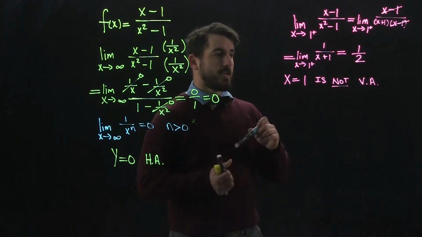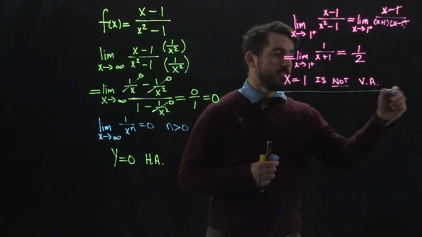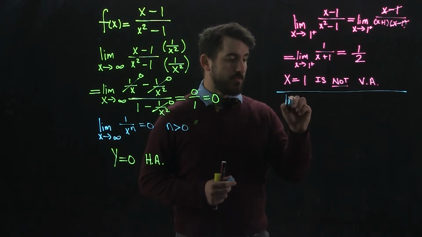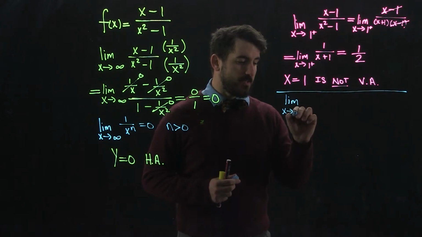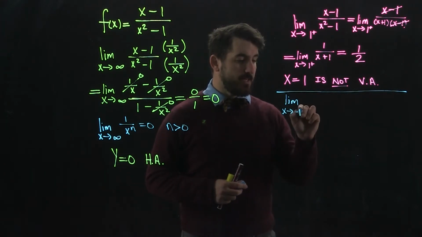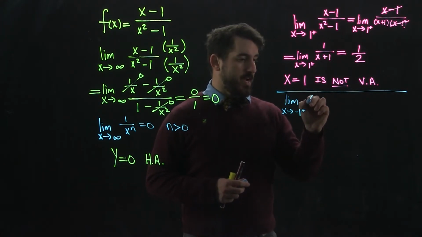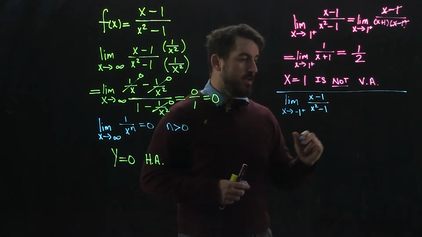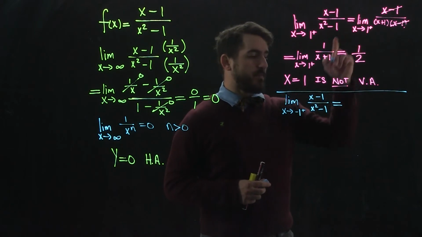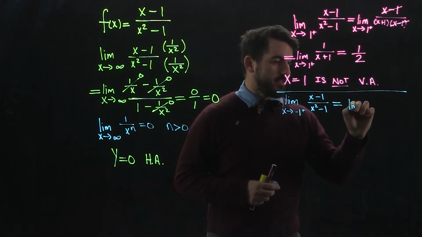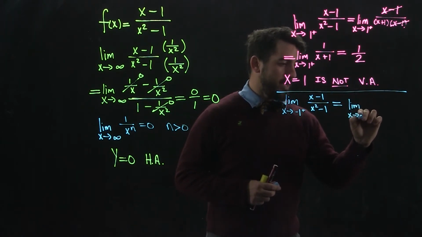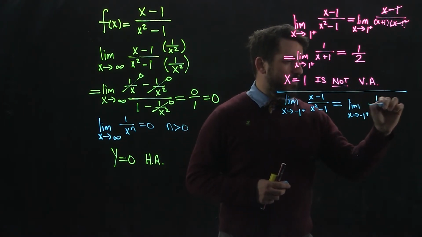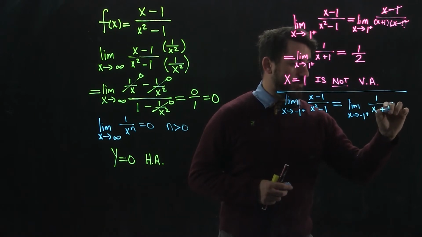Now the next thing that we want to consider is what happens when x equals negative 1. So we'll do the limit as x goes to negative 1 from the right, and that's going to be x minus 1 over x squared minus 1, which is the same as, from what we previously saw, the limit as x goes to negative 1 from the right of 1 over x plus 1.